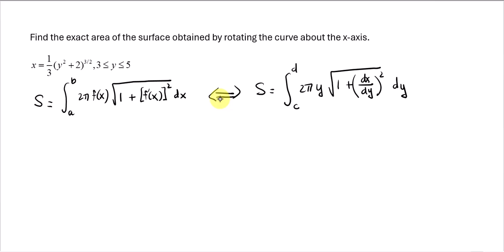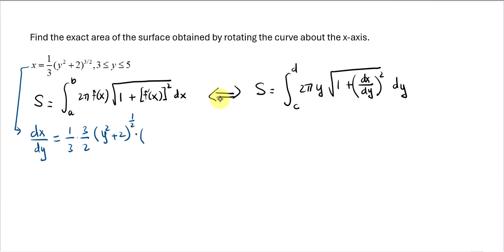Now, according to the x equation, I can find dx/dy by using the power rule. So I will bring the 3/2 down, and then subtract 1 from the exponent. So 3/2 minus 1 is 1/2.